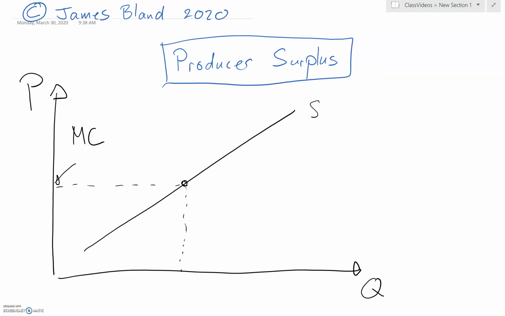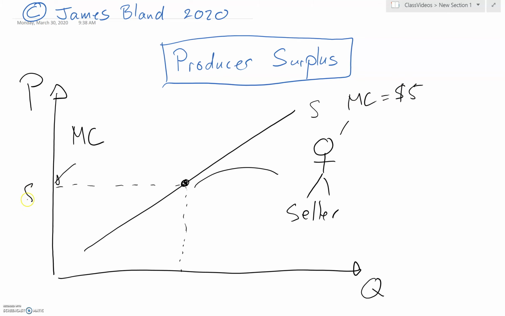At this point on the supply curve, there is a seller who is thinking, I have a marginal cost, say, equal to $5, which would be this point here as well. If price is greater than or equal to $5, I want to sell my item. And if price is less than $5, I want to not sell.